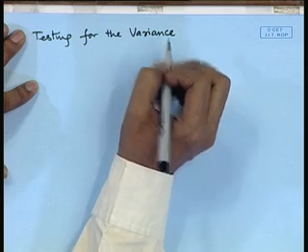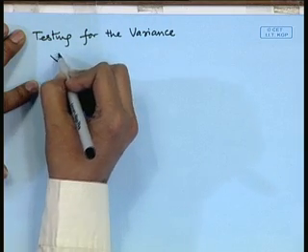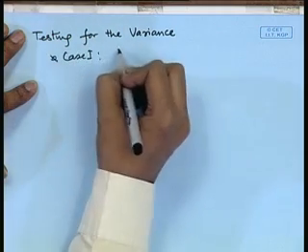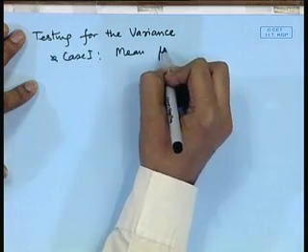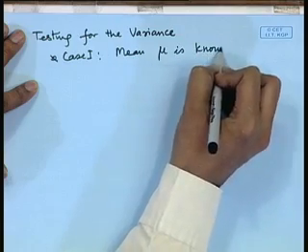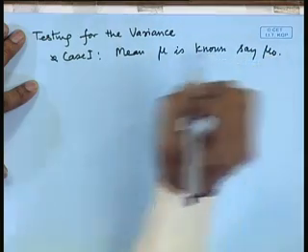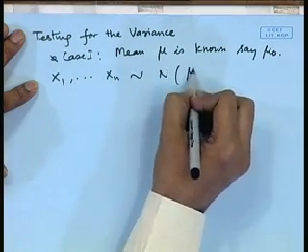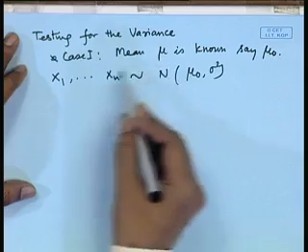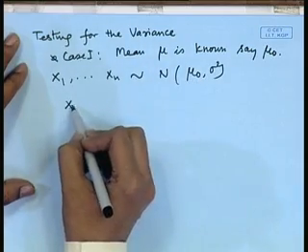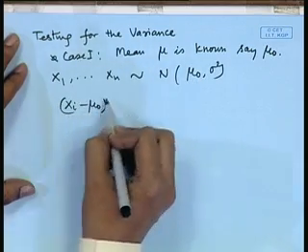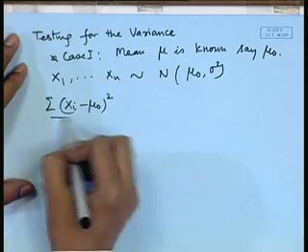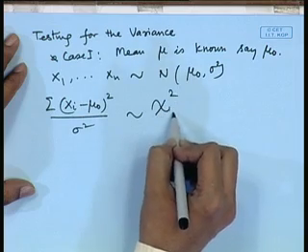When we are doing the testing for the variance, let us write down the model here. Say the mean is known, say mu naught. So, we have x1, x2, ..., xn following normal mu naught, sigma square. If we go back to the setting of normal 0, sigma square, we can consider summation of xi minus mu naught square, divided by sigma square, which will follow chi square distribution on n degrees of freedom.